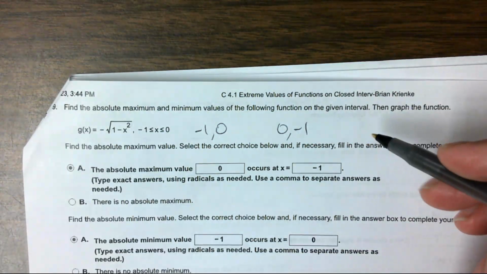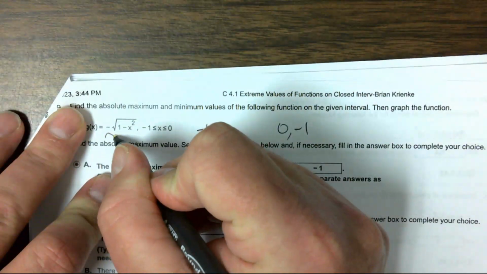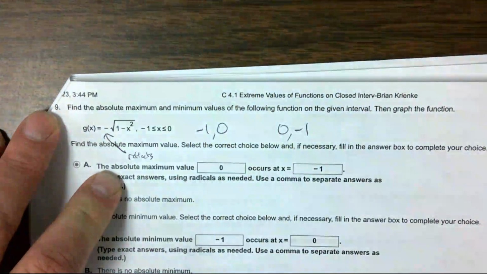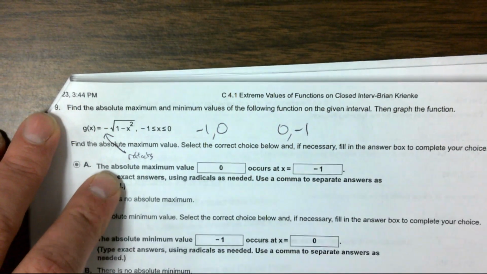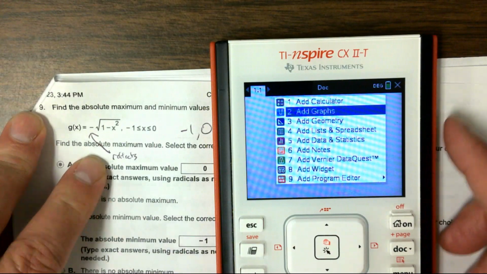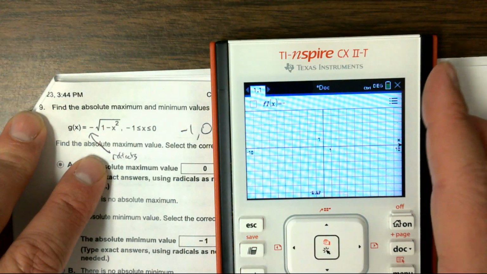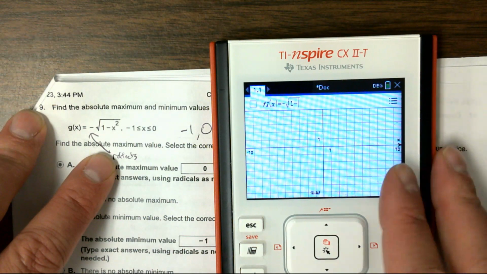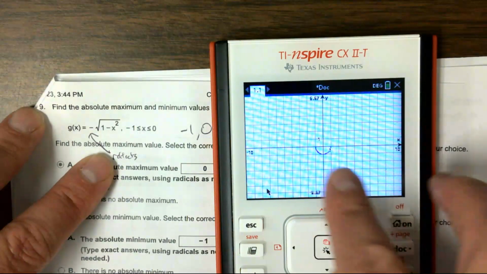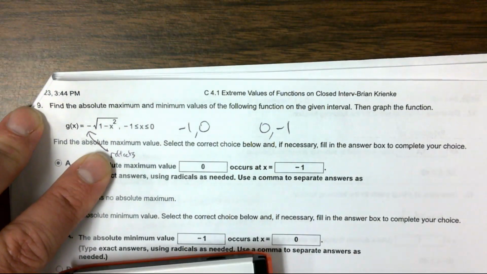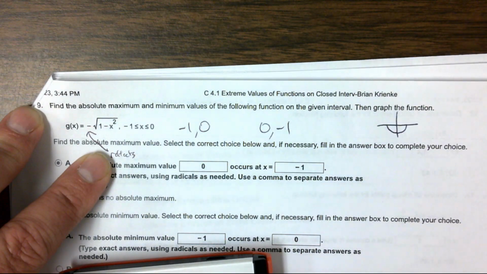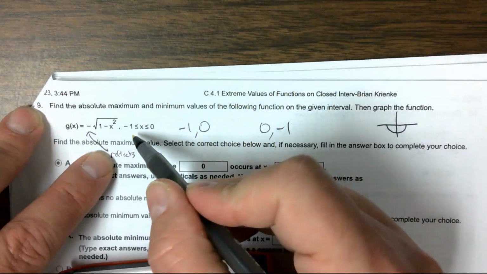Now, remember what I said earlier, it reflects. You might want to graph it just to understand it. Negative square root of 1 minus x squared. That means it's like the little semicircle, like a little smiley face. But all we care about is from -1 to 0.